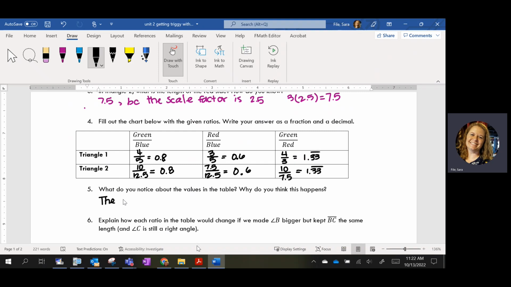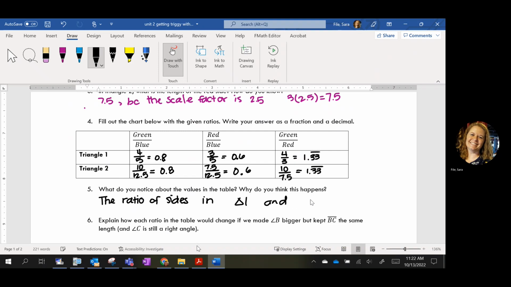Okay, so the ratio of sides in triangle 1 and triangle 2 are the same.